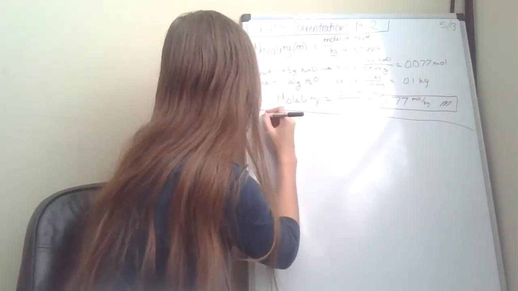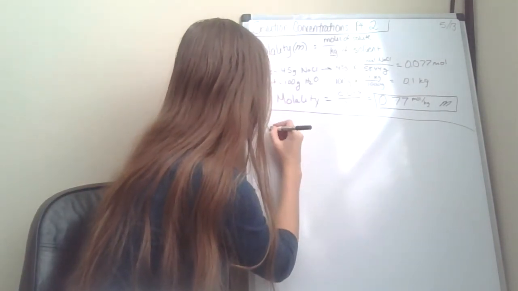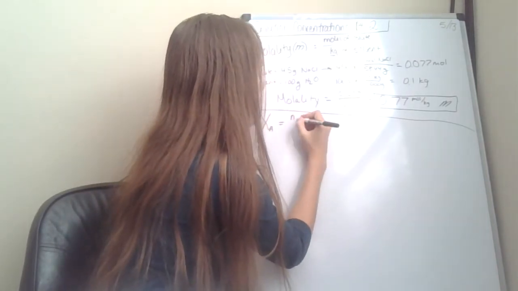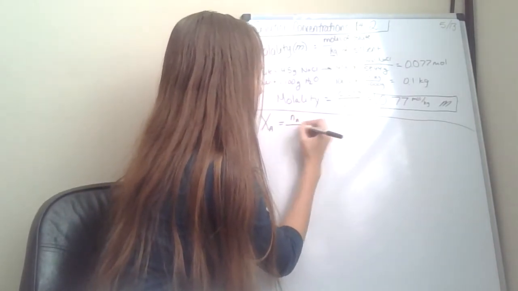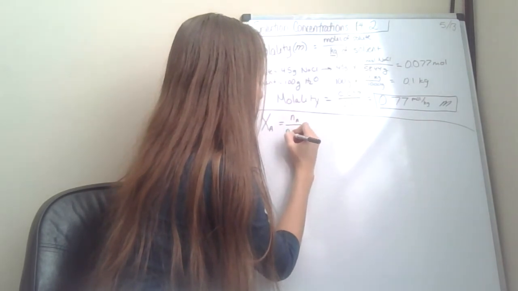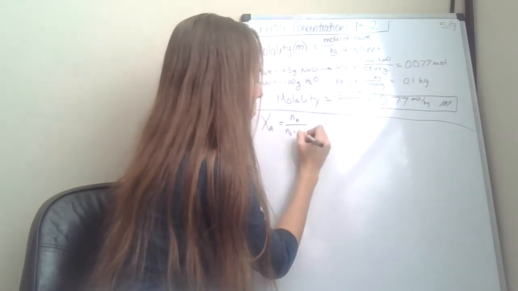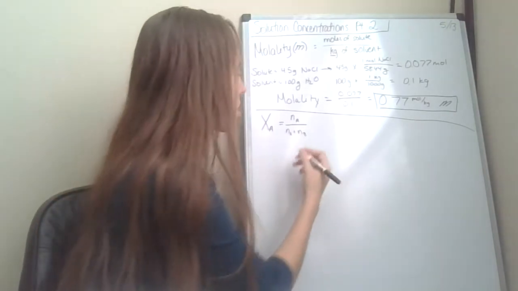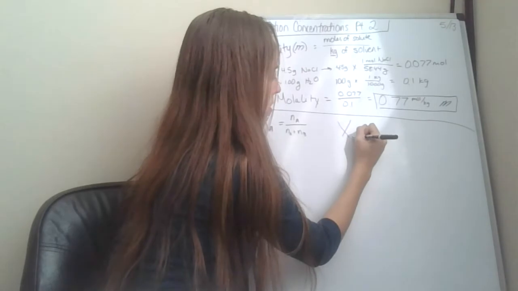Okay, so the mole fraction of the solvent equals the number of moles of the solvent divided by the number of moles of solvent plus the number of moles of solute. Okay? And then it's going to be pretty much the opposite if you want the mole fraction of the solute.